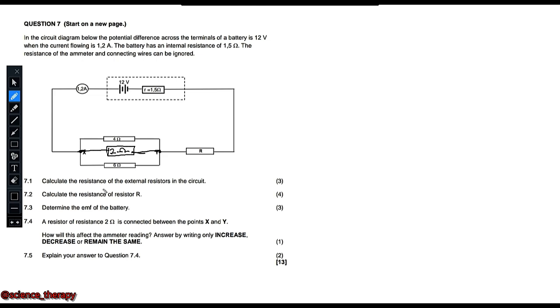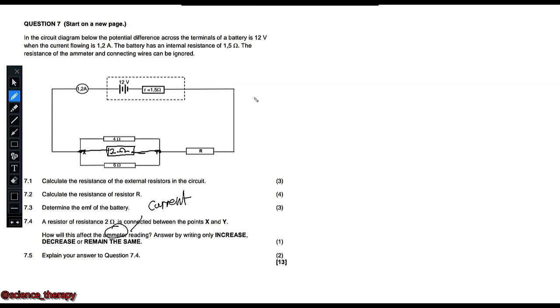What I prefer with this question is that first I try to explain it, and then I decide on the answer. Remember, when they're asking about the ammeter reading, that's mainly the current. What will happen to the current? The ammeter measures the current. We can see that these resistors are connected in parallel, and adding a resistor in a parallel connection decreases the total resistance.